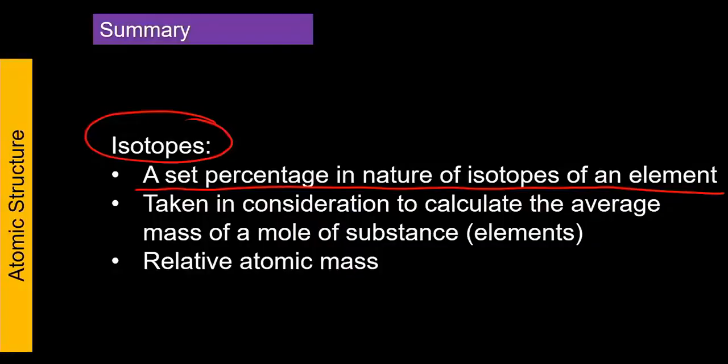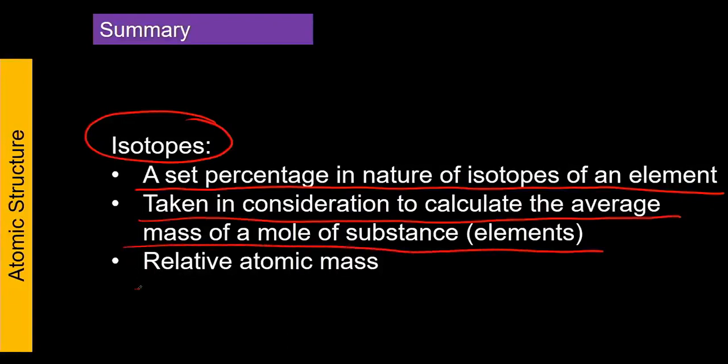And so what scientists have done is they've worked out an average mass for a sample of atoms of an element. And so this is taken into consideration when we calculate the relative atomic mass. That's what it's called, the relative atomic mass.